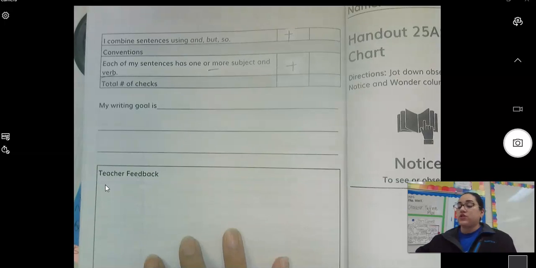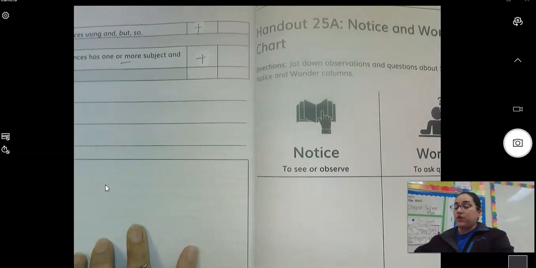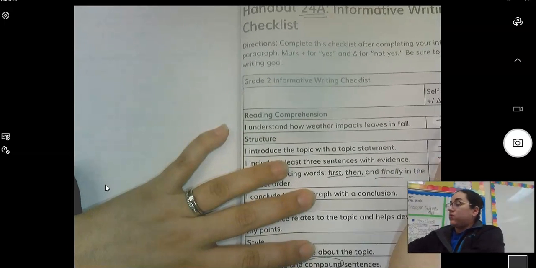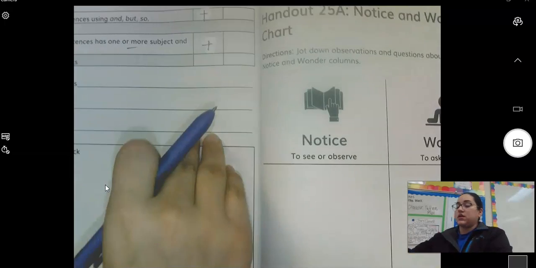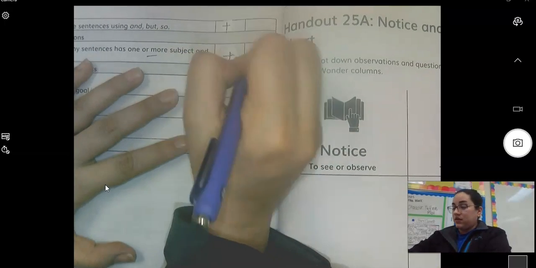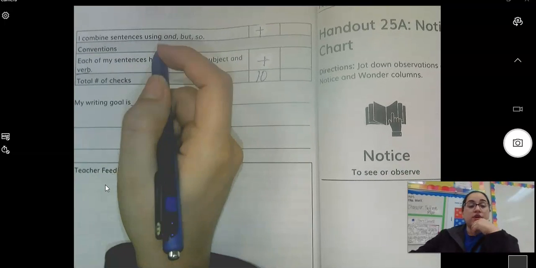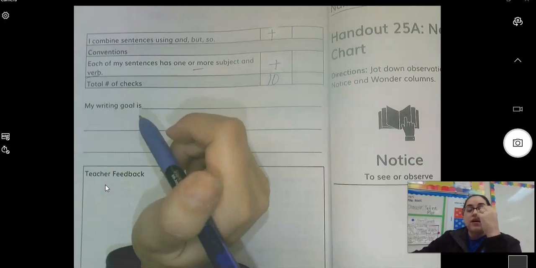Then you're going to count your total number of checks. That means your total number of pluses. 1, 2, 3, 4, 5, 6, 7, 8, 9, 10. So we got a perfect score. Then you're going to write your writing goal.